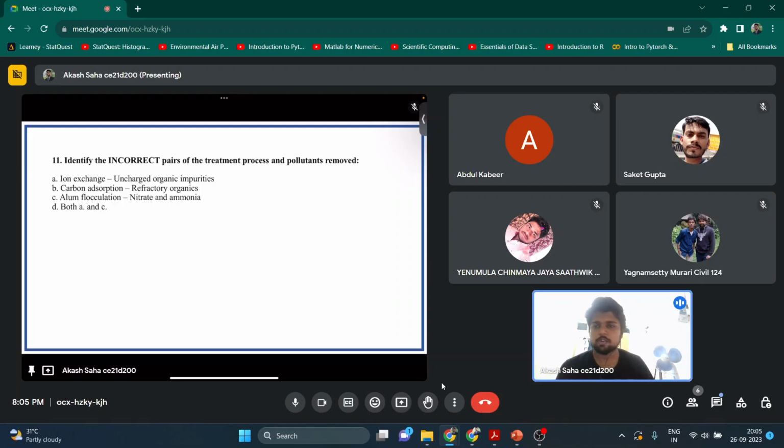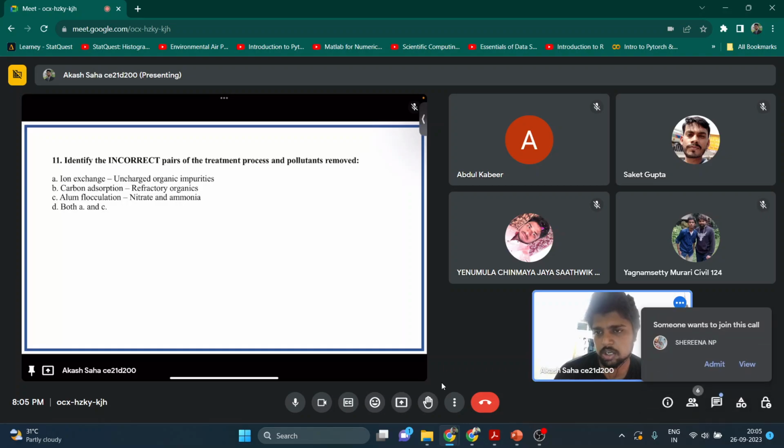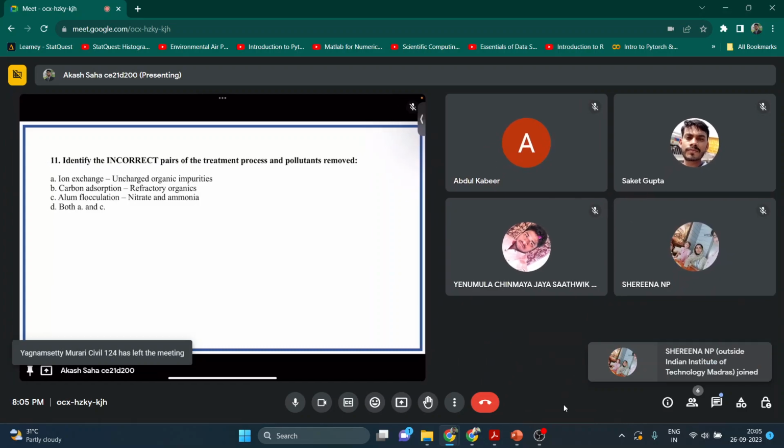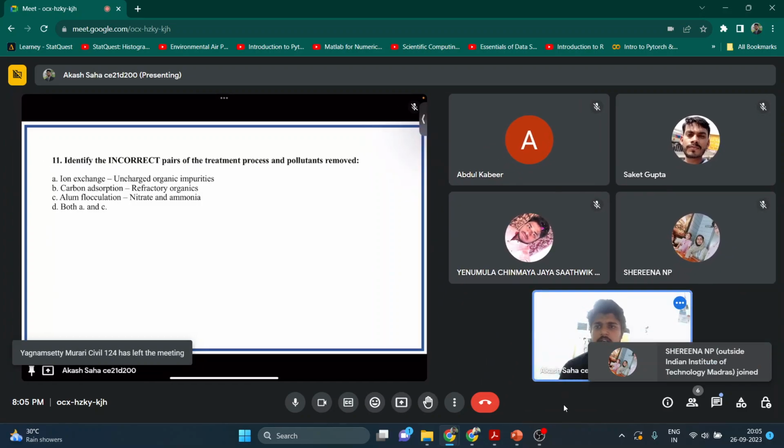Next question, we have to find the incorrect pair. A: ion exchange, uncharged organic impurities. B: carbon absorption, refractory organics. C: alum flocculation, nitrate and ammonia.